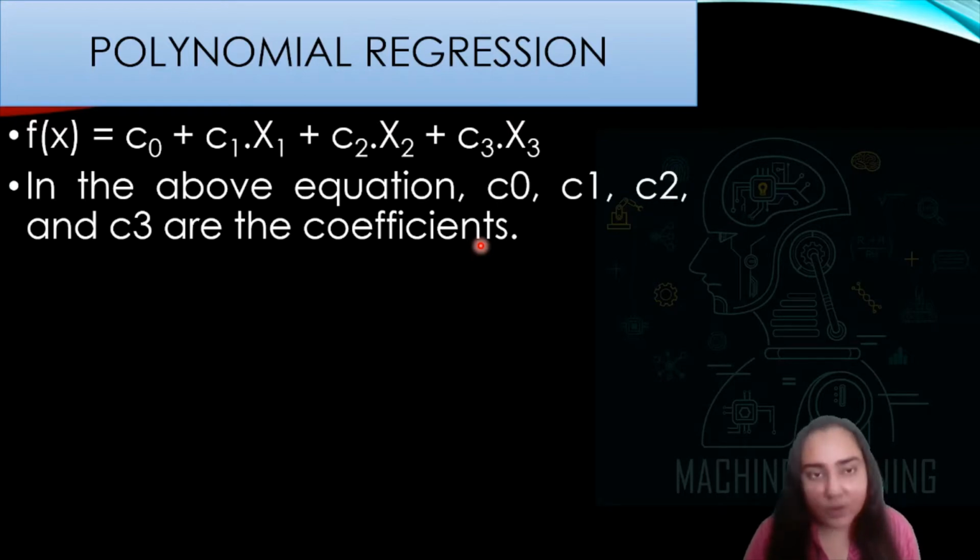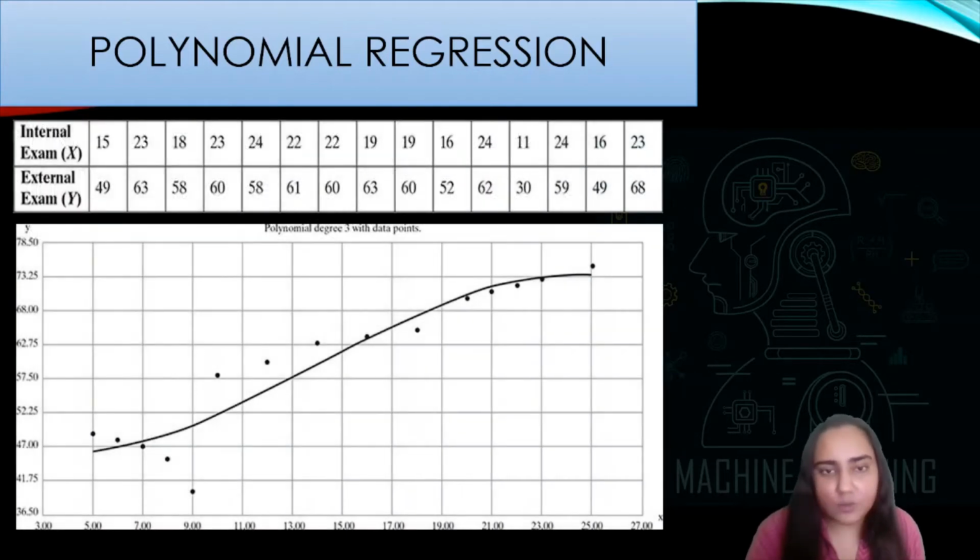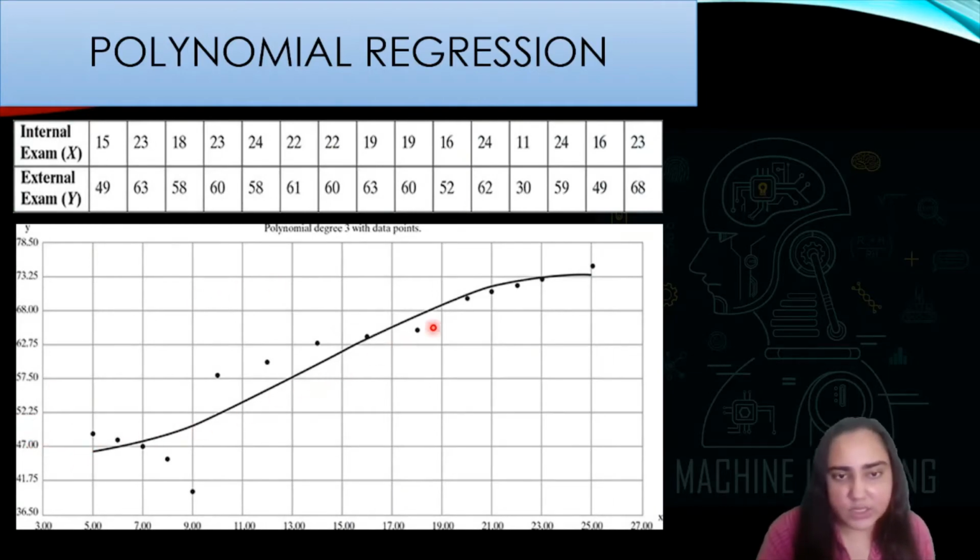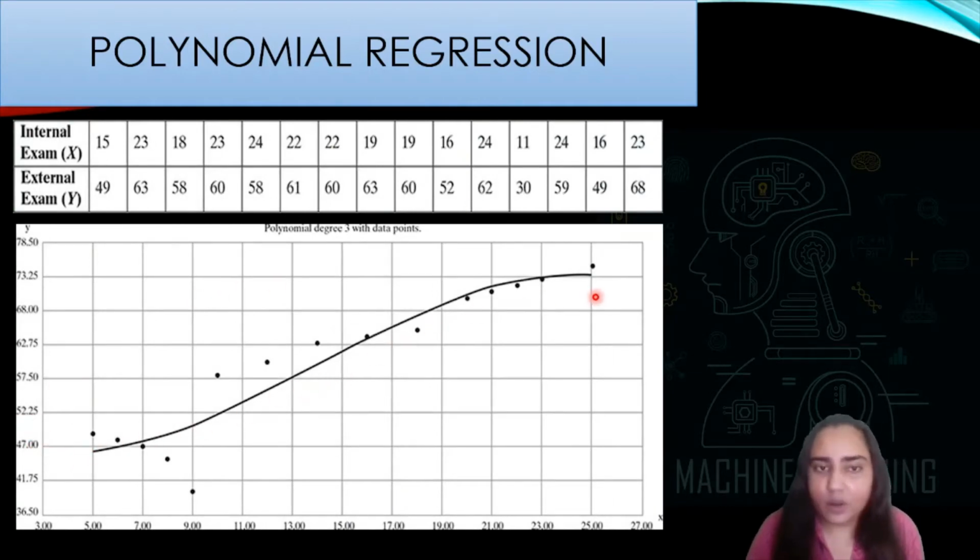So when you're creating a curved line, then you're using polynomial regression, and this time you will have x, x squared, and x cubed with their coefficients. So you will have a curved line which looks like this. And obviously, a curved line is going to be able to fit the data points better than a regression line, which is a straight line.